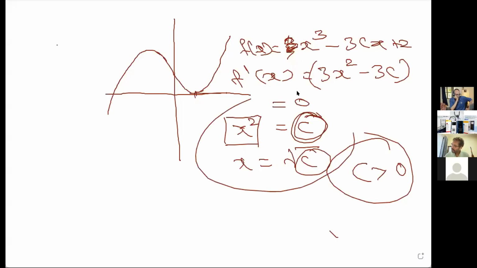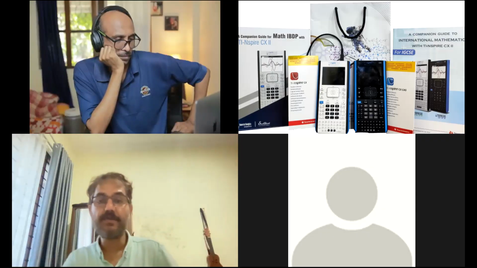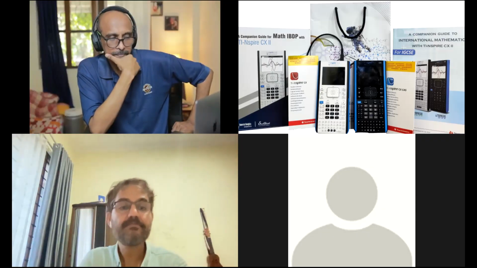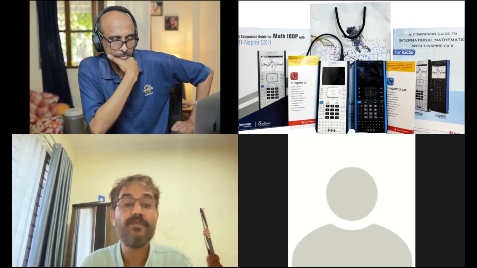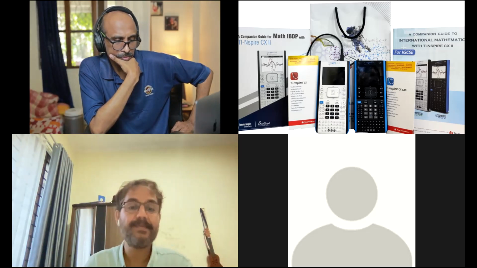If you force gradient equal to 0, then what happens to this equation? It won't have real roots, right? In that case, for the square root of c, c must be negative. So for all values of c which are less than 0, there is no point where the gradient is equal to 0. So that happens when c is less than 0.